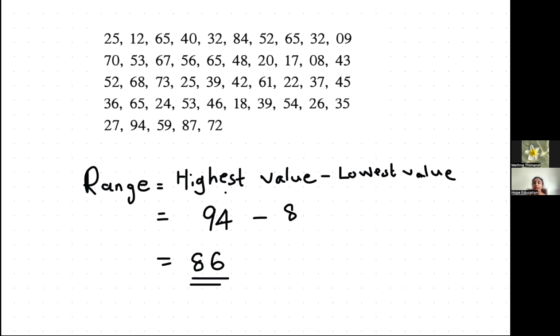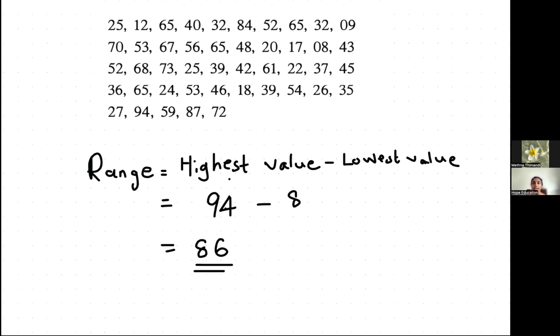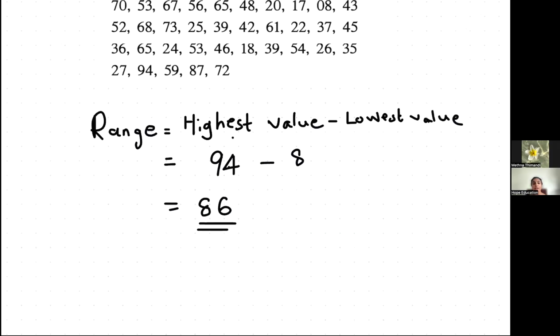Right? So the gap between the smallest and the largest is 86 points. Let's say I want to divide this. How many classes do I want to divide this into? We can divide this into 8 groups or 10 groups, right? Let's take 10 groups.